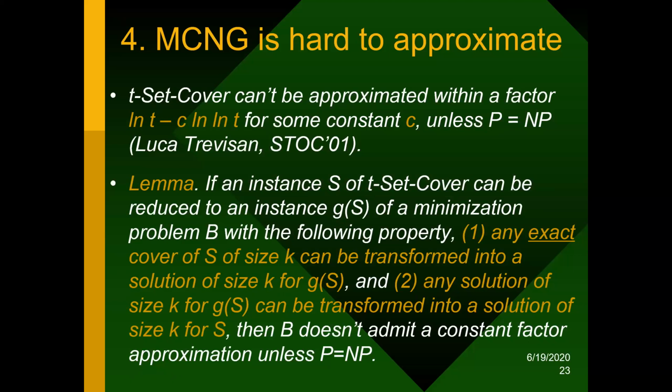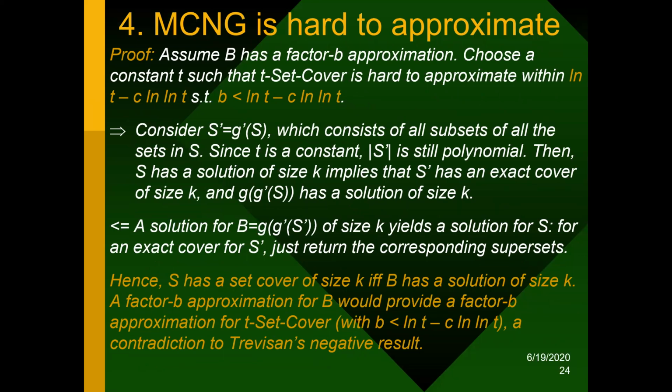For the proof, maybe I don't have to go into detail. Roughly, you assume that B has a factor little b approximation, and this little b is less than log T minus C times log T. In this case, you can select T large enough as a constant satisfying this condition. The actual reduction is through a very simple transformation. You take the T set cover, where each set has at most T elements. Remember, T is a constant.